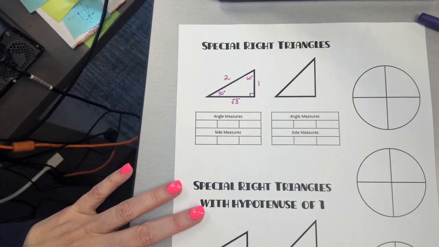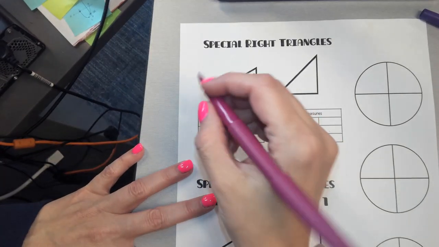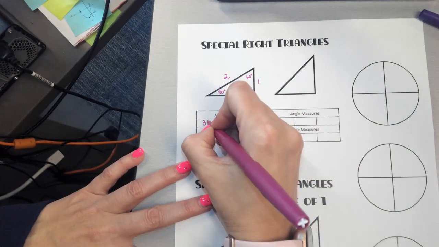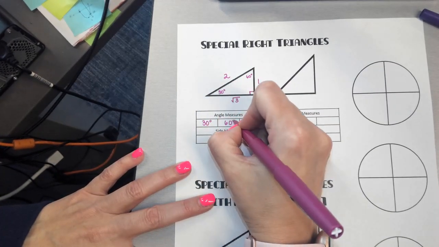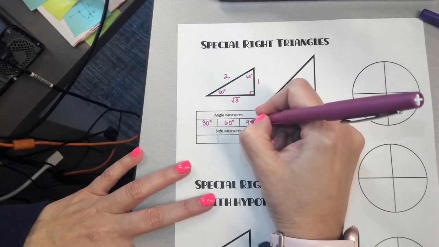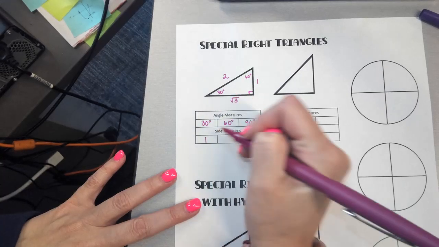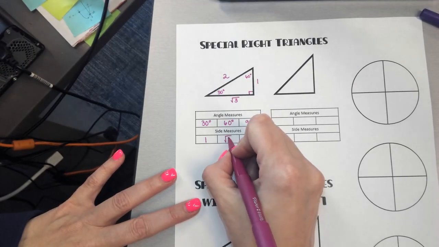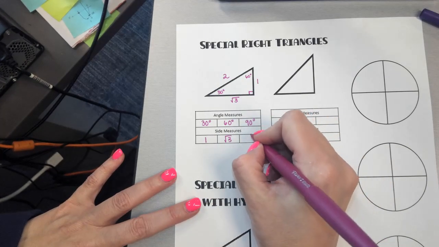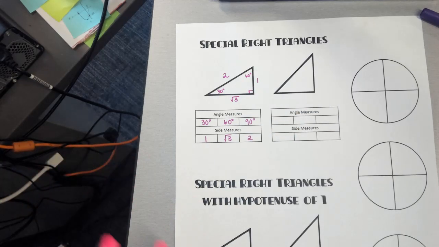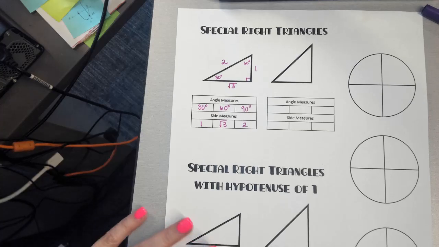Okay, so you have your 30 degrees, your 60 degrees, and your 90 degrees. Across from the 30 would be 1, across from the 60 would be root 3, across from the 90 would be 2.